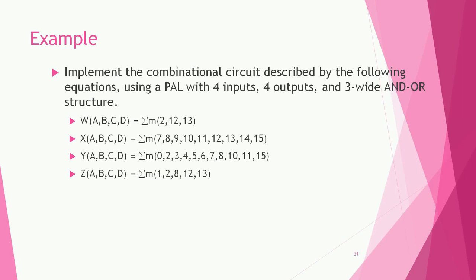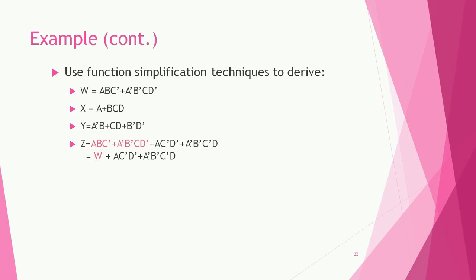So W of ABCD is equal to this expression, and we will also have expressions for X, Y and Z. There are 4 inputs ABCD and 4 outputs W, X, Y and Z. If you observe carefully, terms from one expression are repeated in other expressions. So we will solve and understand that.